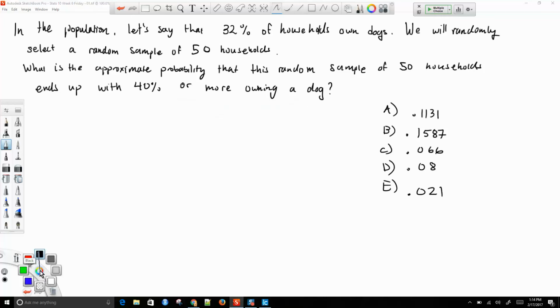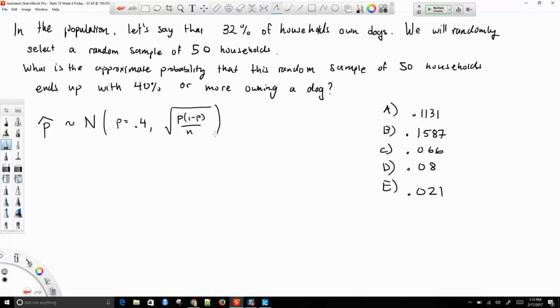Let's go over the answer briefly here. So what we have is the sampling distribution of p hat. This follows a normal distribution. The mean of this normal distribution is going to be p, which is equal to 0.4. And then our standard deviation is going to be the square root of p times 1 minus p divided by n. Okay, and so let's figure out our standard deviation.